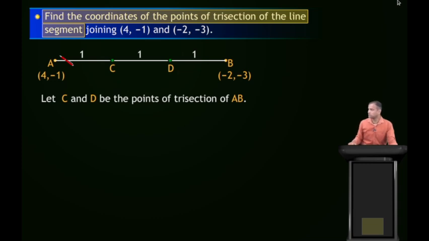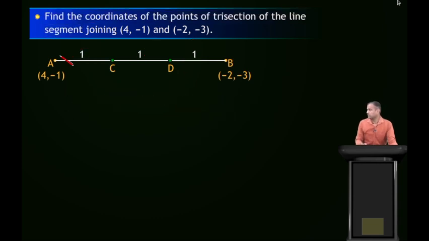And the trisection is 1, 1 and 1. Because all the 3 parts are equal, so we can take them as ratio 1, 1 and 1.